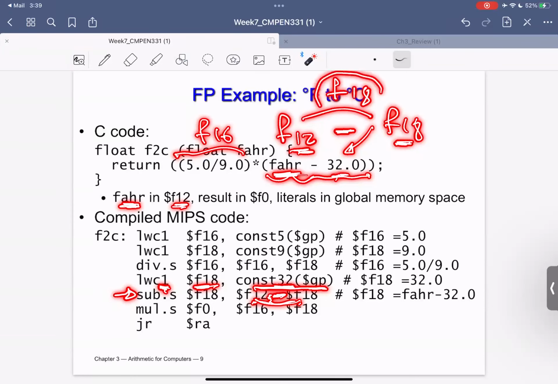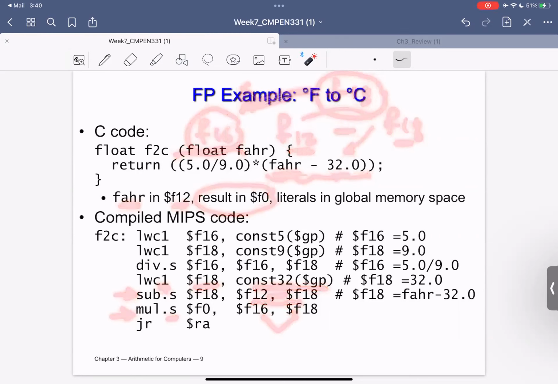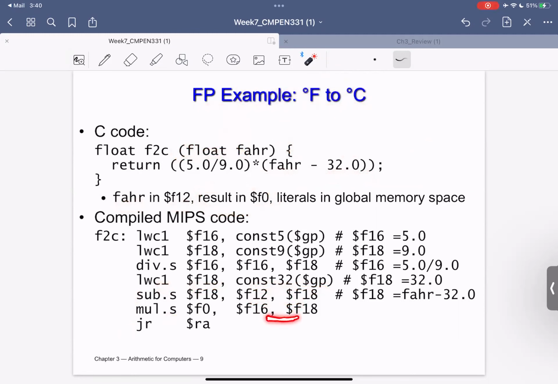The very last step is F18 multiplied by F16, which is here. Multiplied with a single precision, F16 by F18, we need to allocate that in a certain particular register. I cannot choose any register if it is not given, but in this case, it is given that actually your results has to be in F0. And that's why this final multiplication with this F16 multiplied by F18, it has to be saved in F0.